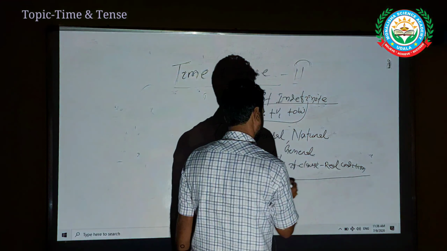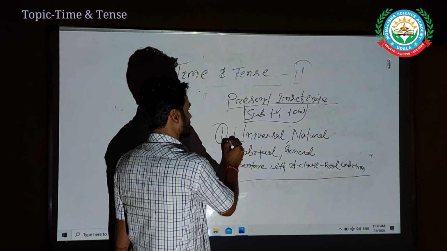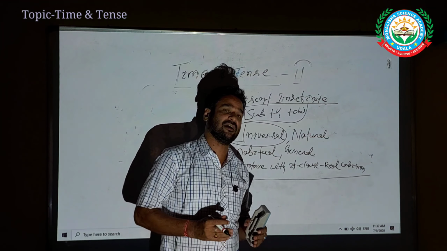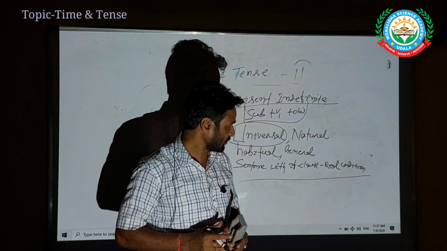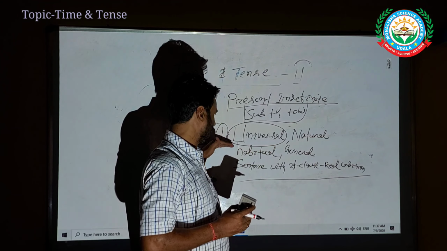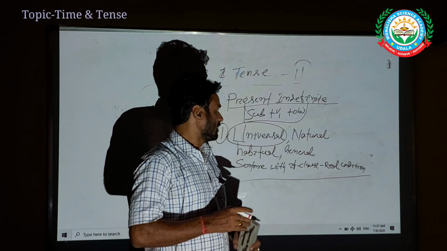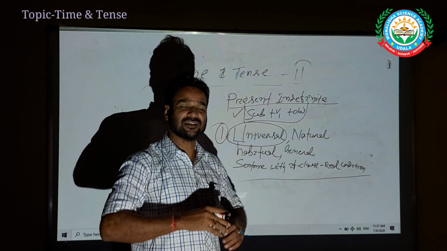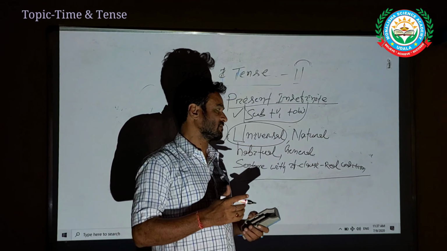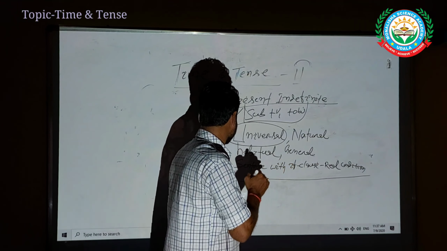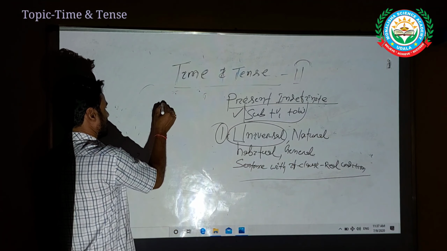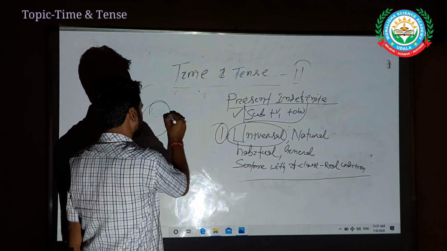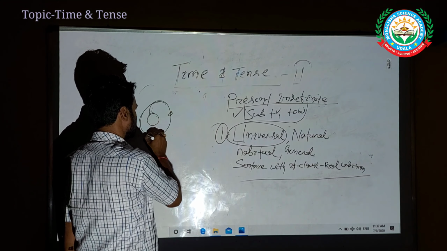Okay. The first is universal. What is universal? Universal action. So when we are going to express a universal action, that time we should take help of this structure. Let me suppose you see, in the solar system, the earth is moving around the sun.